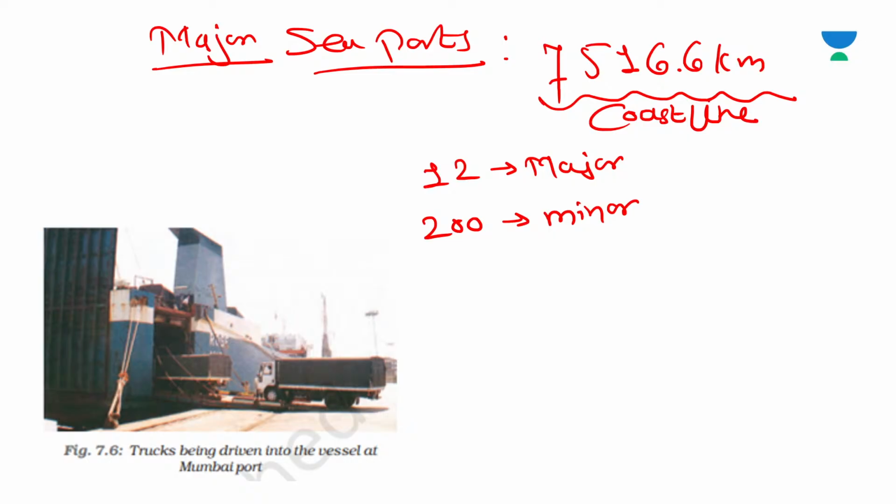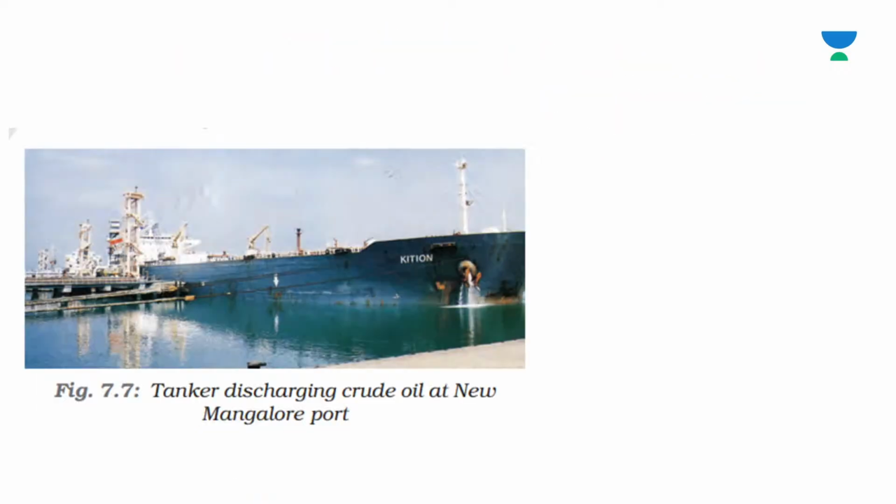Kochi is the extreme southwestern port, located at the entrance of a lagoon with natural harbor. The Mangalore port is given in the picture.